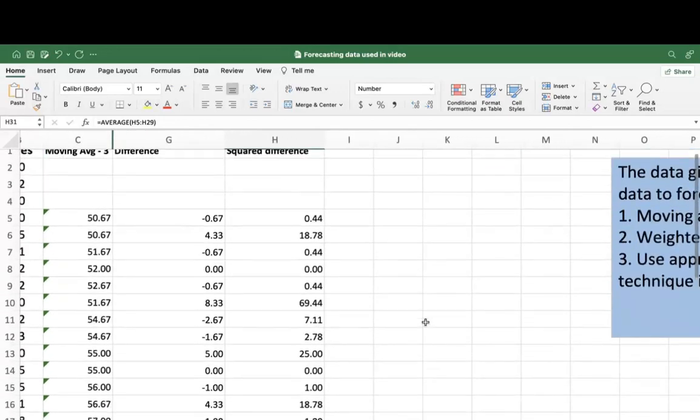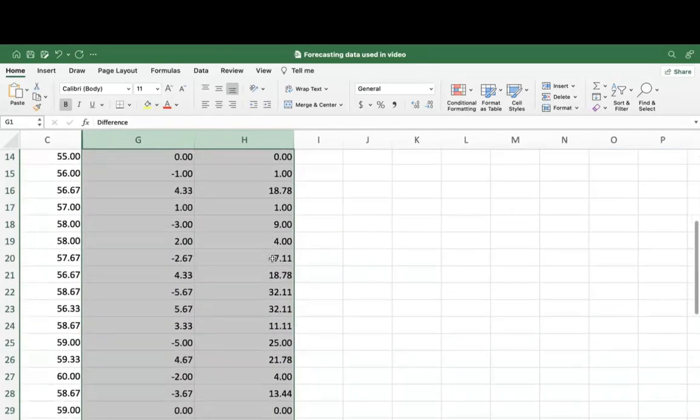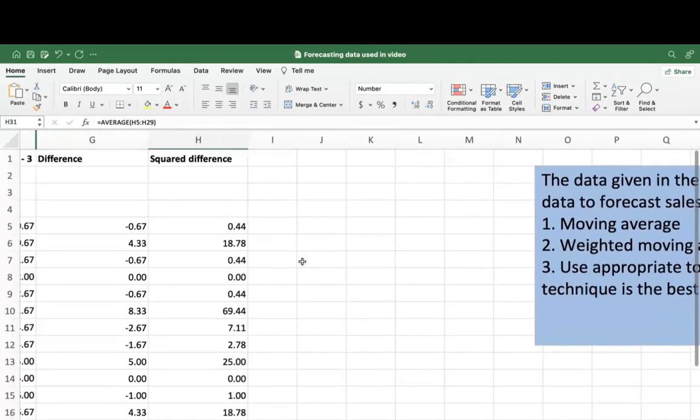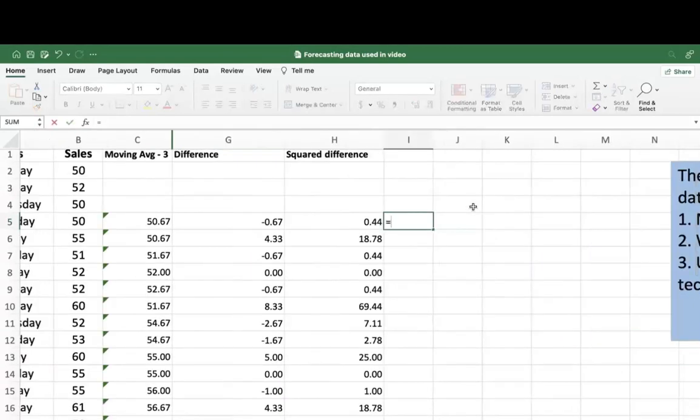Okay, now can we combine? You see, our process comprises three steps. In the first step, we calculated the difference, in the second step we calculated the square, and in the third step we took the average. So can we combine these three steps in one column? Yes, we can. So let's say, is equal to the difference of 50 actual minus forecast.